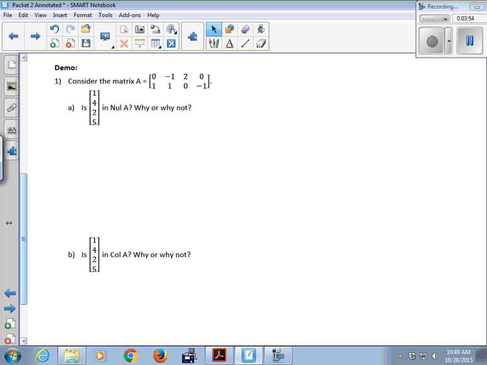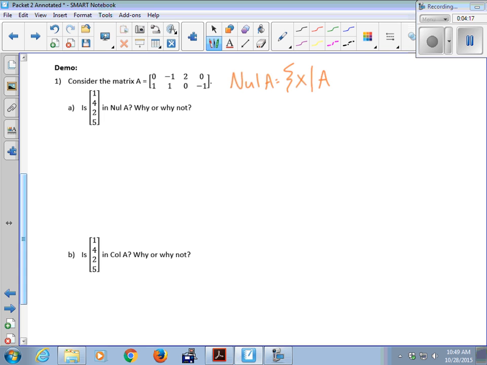So I've got a matrix here. It is 2 by 4. I would like to know if the vector 1, 4, 2, 5 is in the null space of A. Okay. So what it means to be in the null space of A is that A times the vector should give me 0, right? The null of A is the set of all x's such that A times x will give me 0, right?